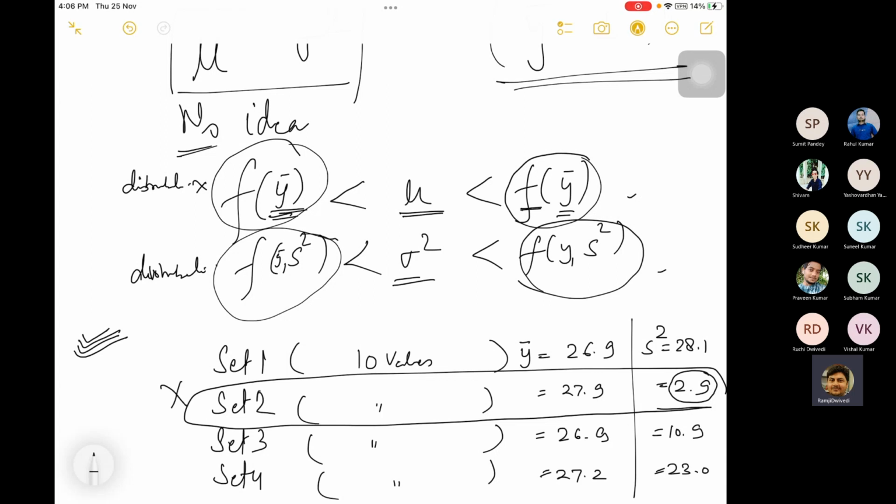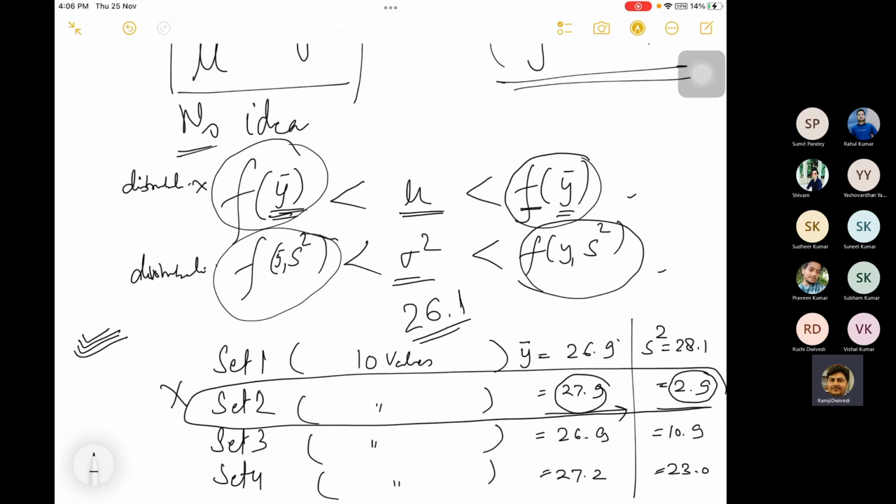The sample variance should not be a deciding factor about whether the sample is a representative of the population or not. Because in this example, the population mean is supposed to have this value of 26.1. So 27.9 is very far from 26.9.